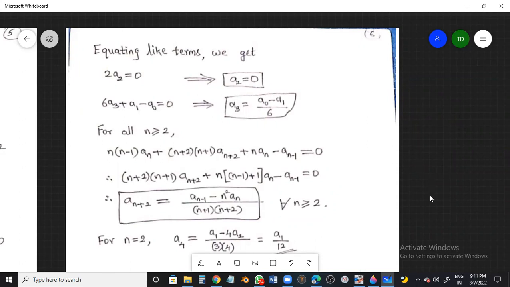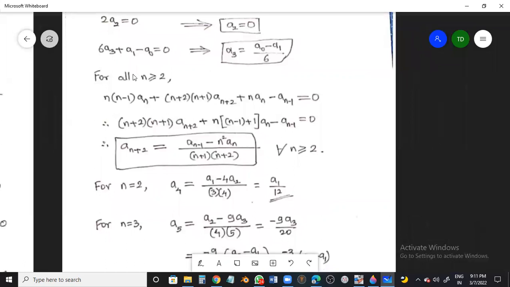And now in the summation sign. Summation sign starts from n equal to 2 onwards. So we said for all n greater than or equal to 2, I wrote here n times n minus 1 a_n plus n times a_n minus a_{n-1} is 0. Now I see a_n appears twice here. So let us combine.